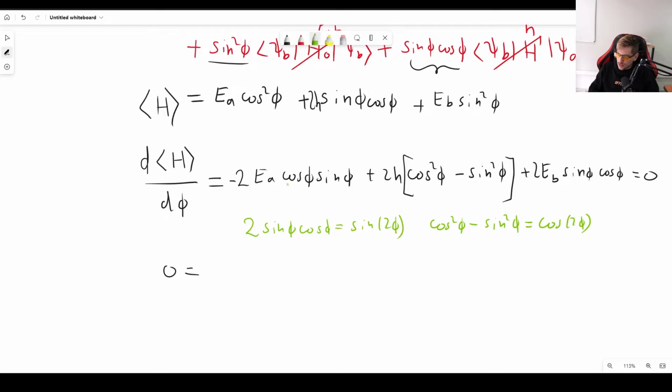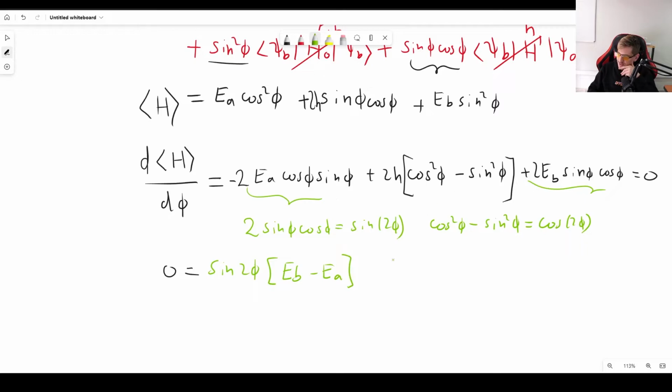Okay, so by using that, we can factor this and this together. So we get 2 times, and then what do we have? This would be sine. Actually, the 2's go into the expression, so actually we don't have the 2's. So we have sine of 2 phi times EB minus EA.